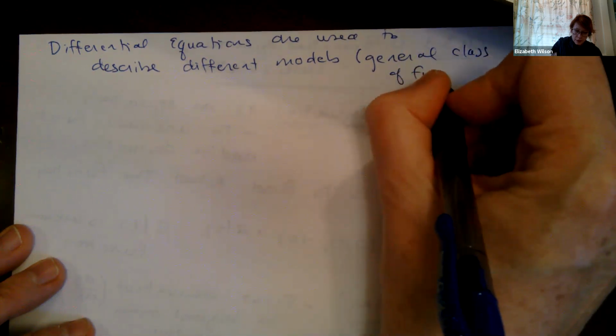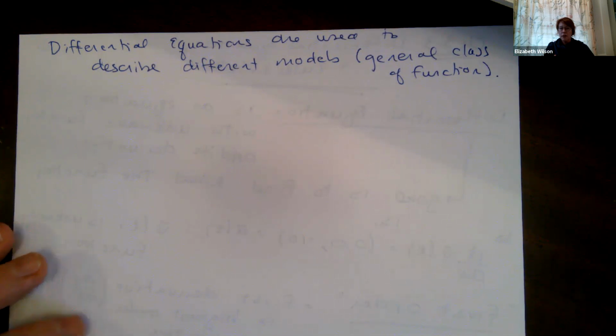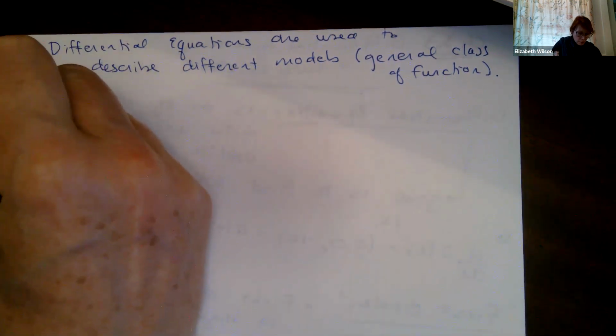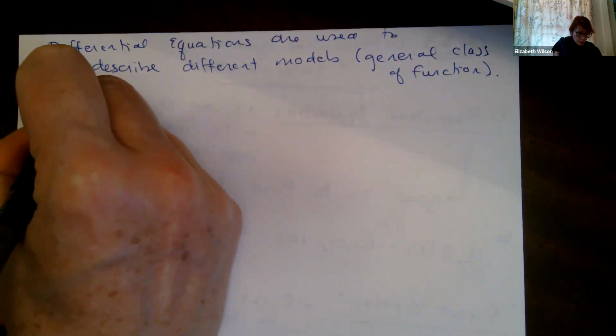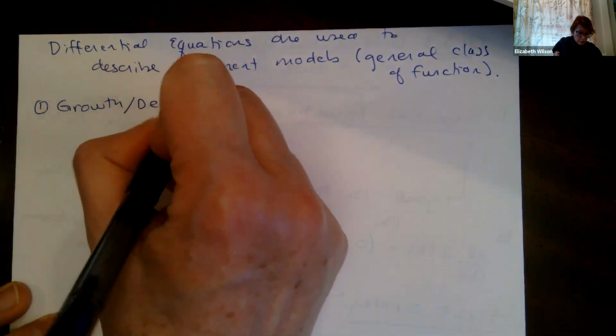These often describe things in the real world. Differential equations describe a lot about biological processes in the body and the brain. We can use differential equations to talk about population growth or decay, things like that. So the first one that we're going to talk about is what we call a growth or decay model.